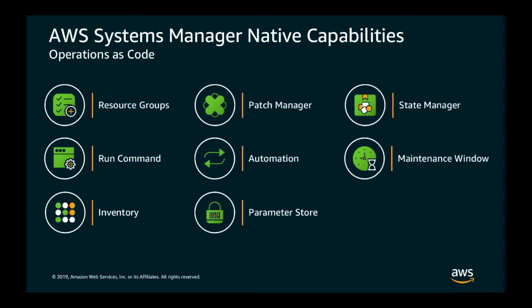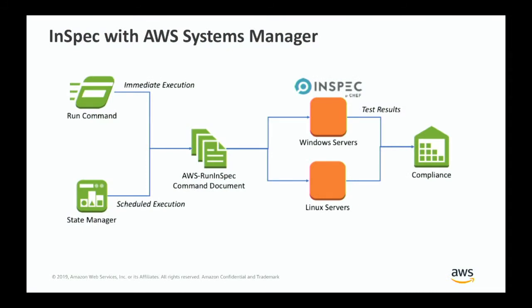We will leverage that to execute InSpec on the machines, right? So what we want to do is essentially either use Run Command on an ad hoc execution, or use State Manager, which you can think of as a scheduler for Run Command and similar actions. It does a little bit more than that, but for our purposes, that's probably a good enough understanding.